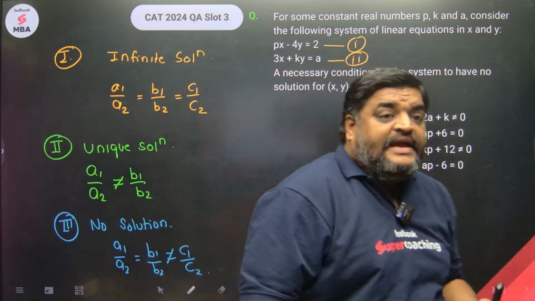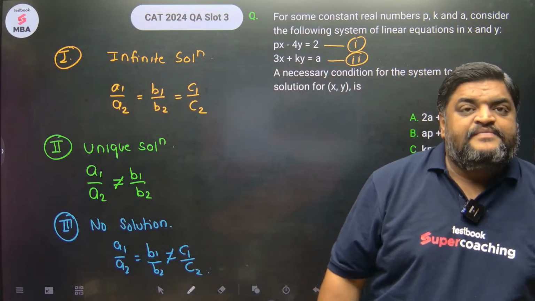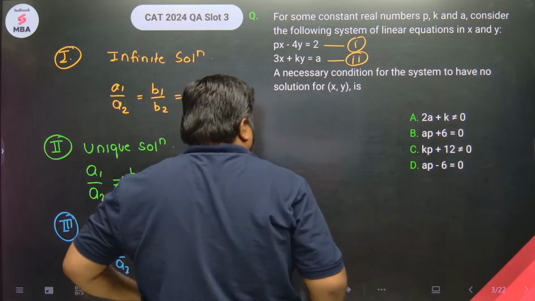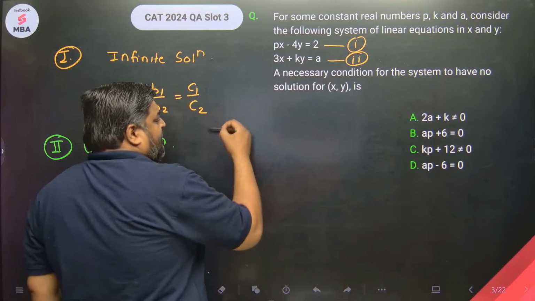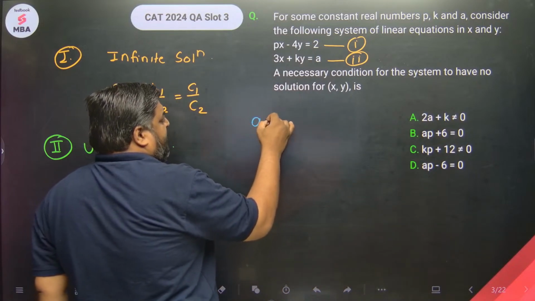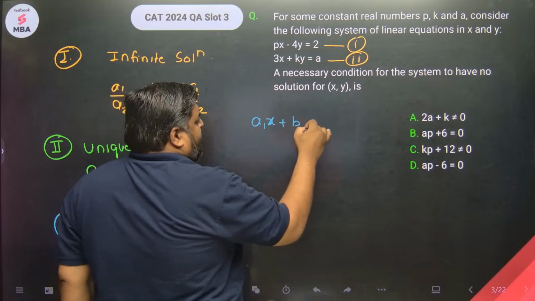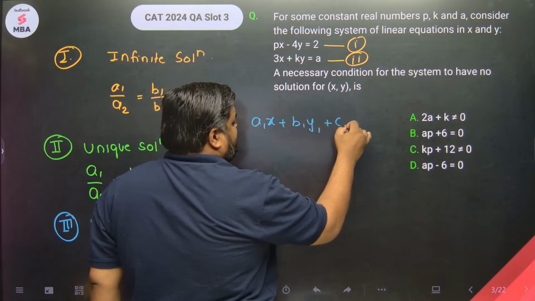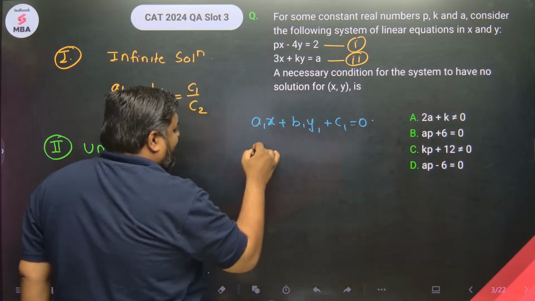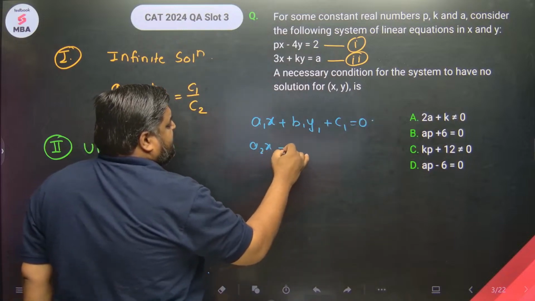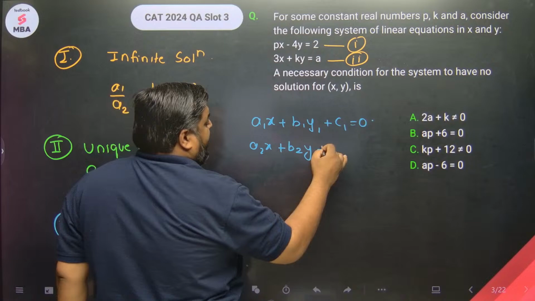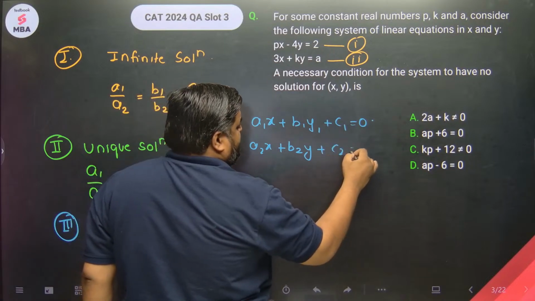What are a1, a2, b1, b2, c1, c2? These are the constant parts of the variables x and y. The equations must be in the form a1x plus b1y plus c1 is equal to 0 and a2x plus b2y plus c2 is equal to 0.